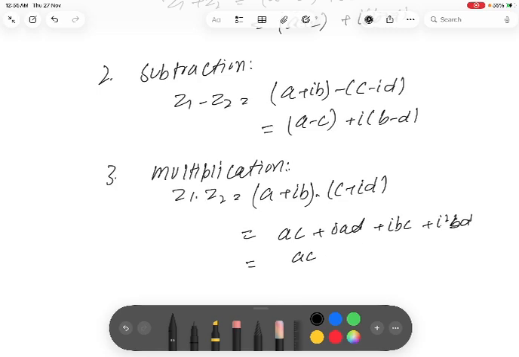We know iota square is equal to minus 1, so we write this as AC minus BD plus iota times AD plus BC.